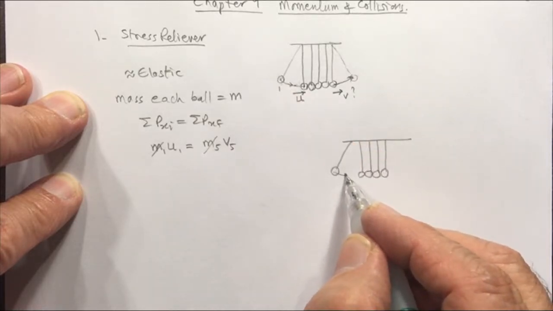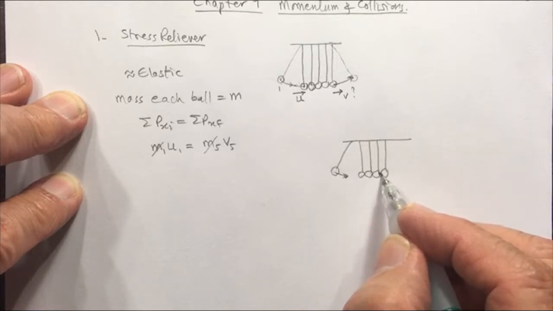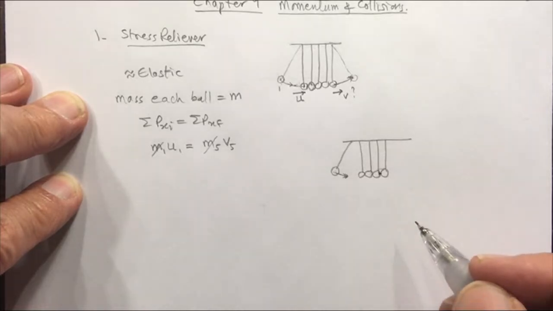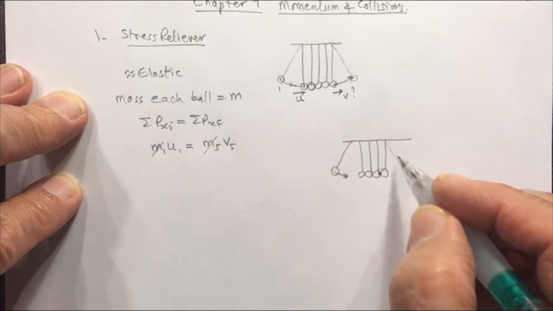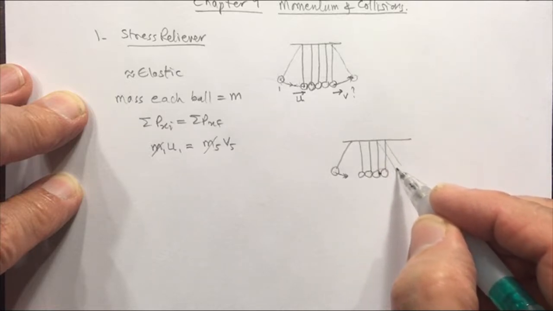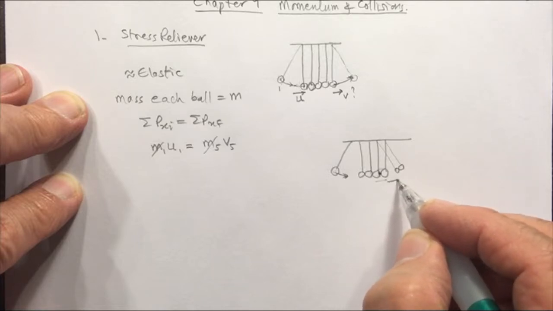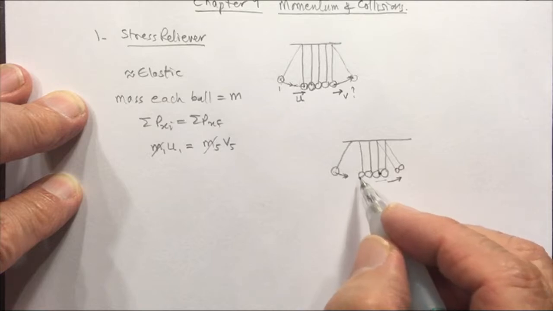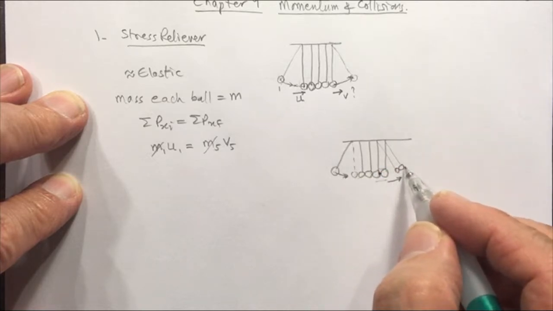As it falls down, goes and hits it, we've glued these two together. So 4 and 5 have to move together. Both of them together will swing off like this. Now let's apply the momentum conservation equation and see how high it will come up to.